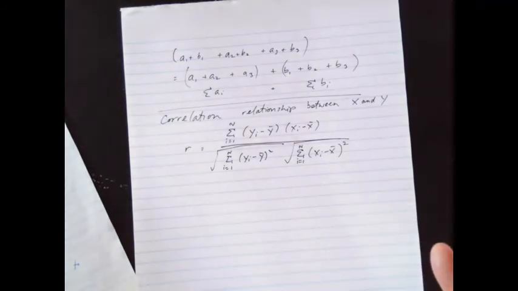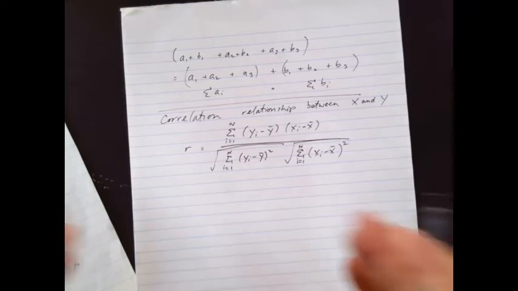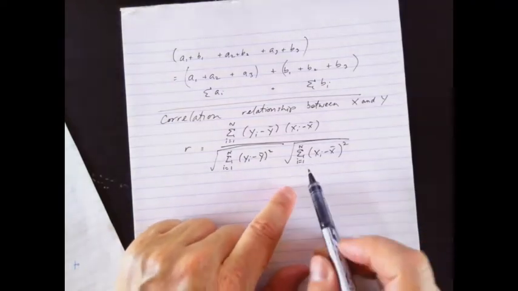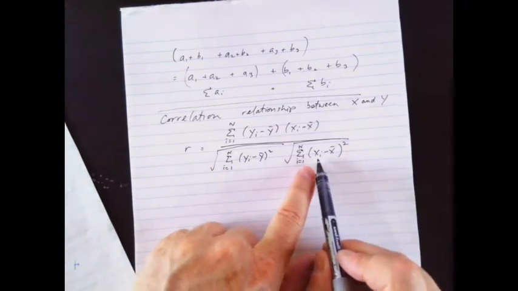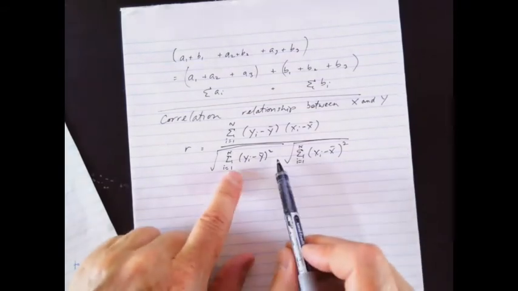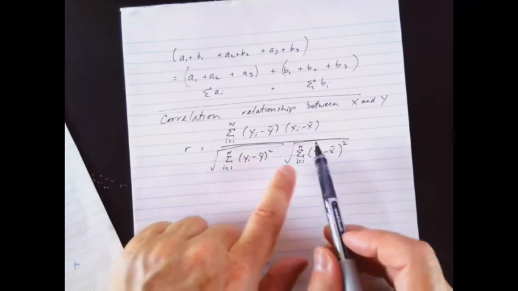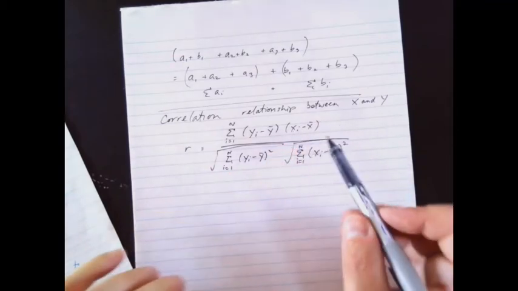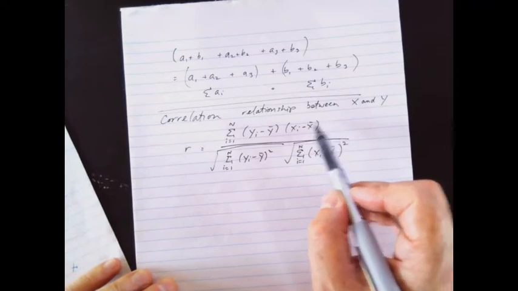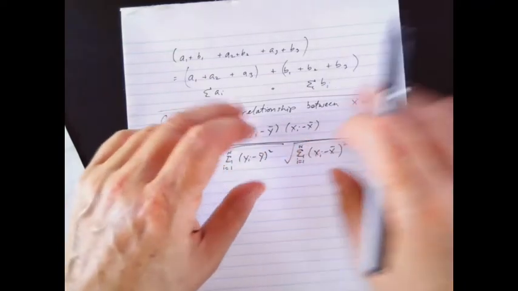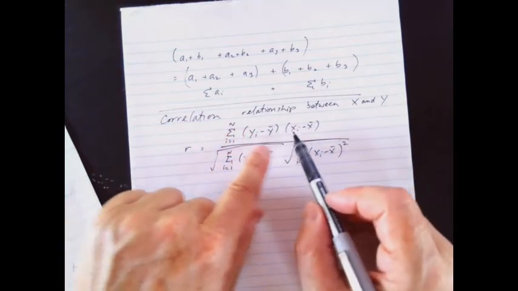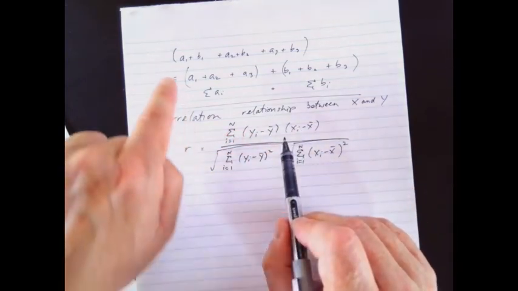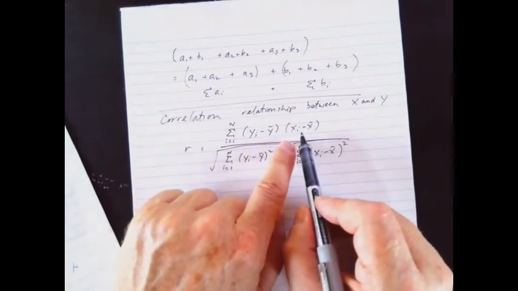Let's say we're interested in height and shoe size. Well, chances are, as people get taller, their shoe size gets bigger. So if x goes above the mean, y goes above the mean as well. So what's happening up top here is one gets bigger, the other one gets bigger at the same time, so these tend to get big together. And so it's clear enough why r will go up when the two variables move together.